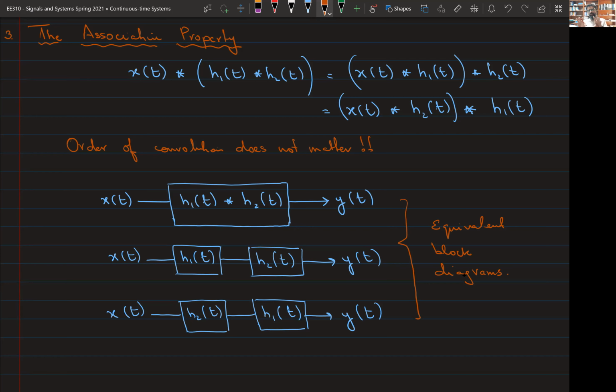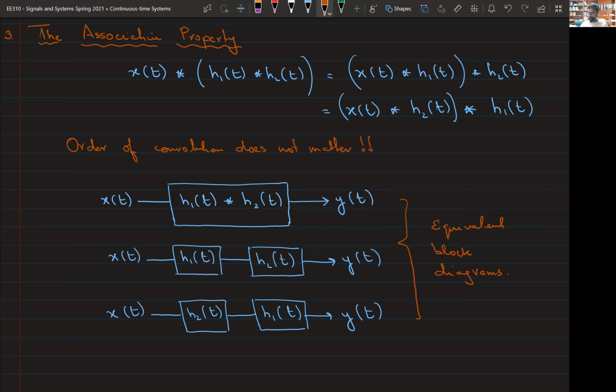If you have h1 first and then h2, or you have h2 first and then h1, the output that you're going to get end to end is going to remain the same, right? And it's also going to be equivalent to the case where you just had one box whose impulse response turns out to be equal to h1 convolved with h2. Okay, so that's what the associative property means.